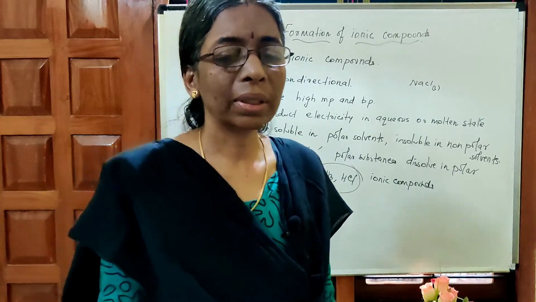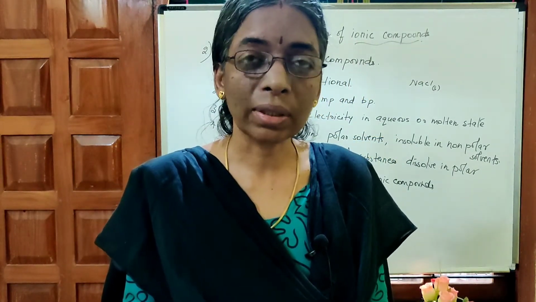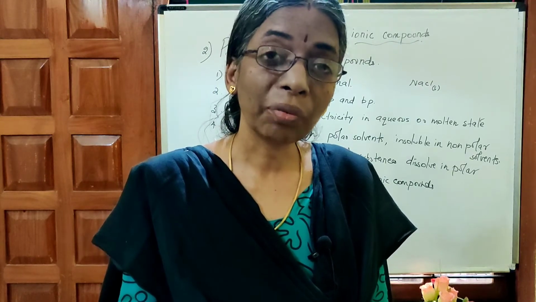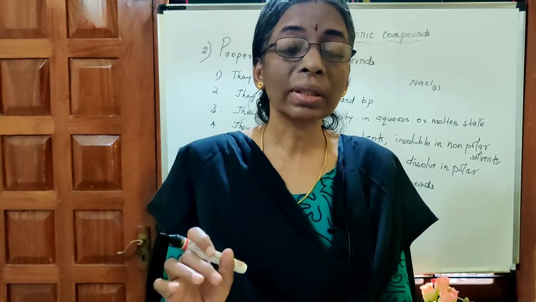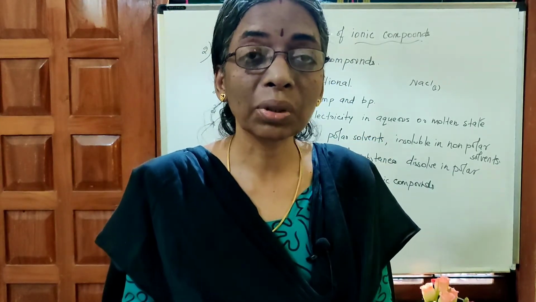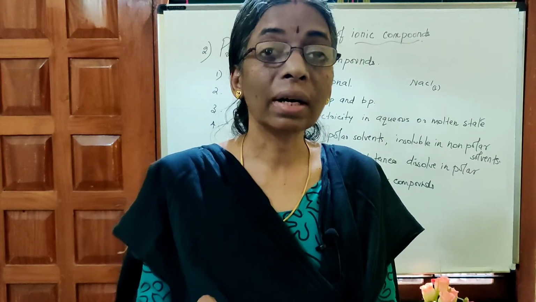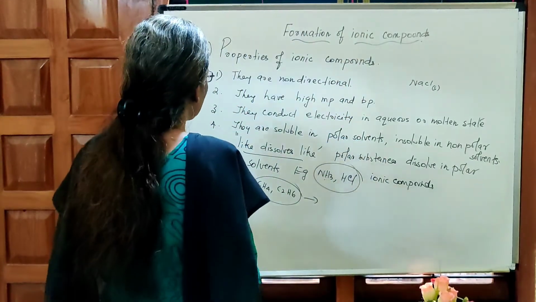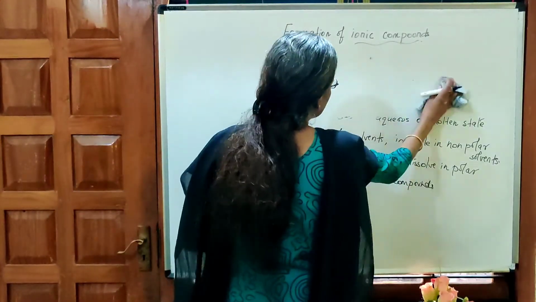But if you take one teaspoonful of salt and put it in water, it dissolves immediately. What is the reason? Because water is a good solvent. The dielectric constant of water is high, 78.